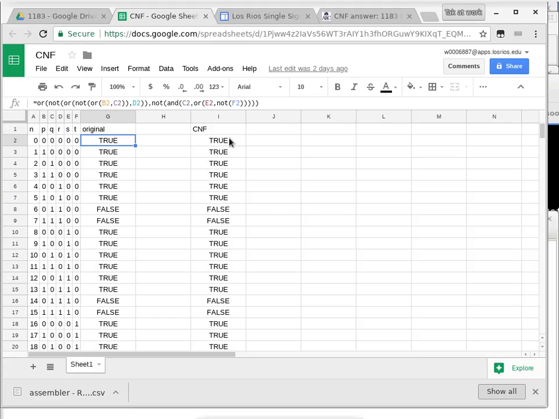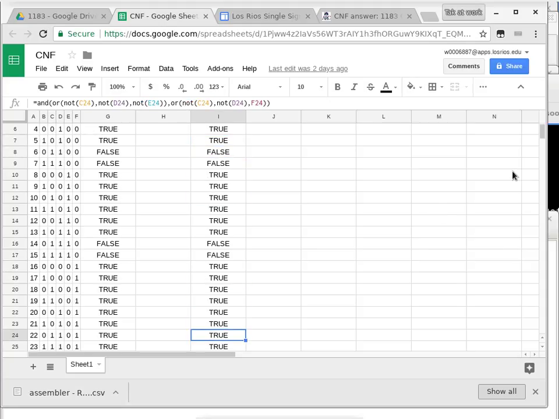This one is expressing the one that I have converted. So I have to make sure that for every single row, the original expression comes up with the same value as the one that I have derived in CNF. In this particular case, I did get exactly the same result in every single case. So that kind of proves that my CNF does contain the same logic as the original expression.